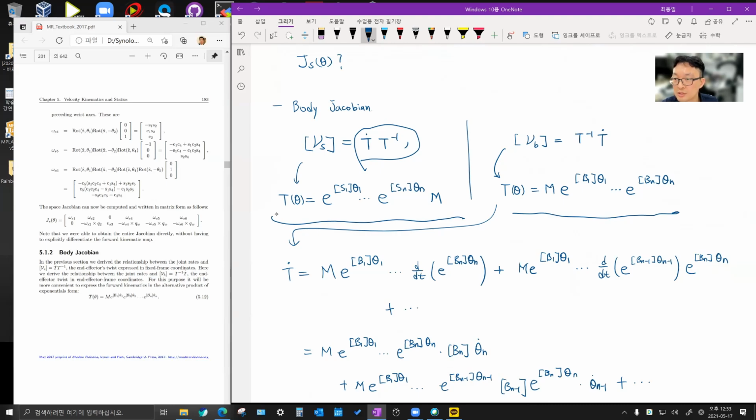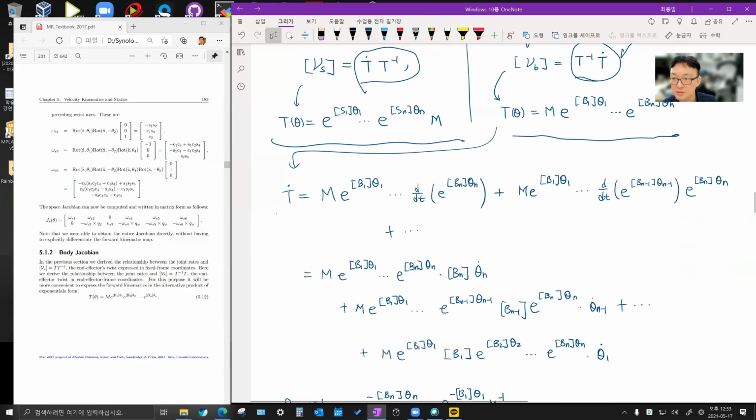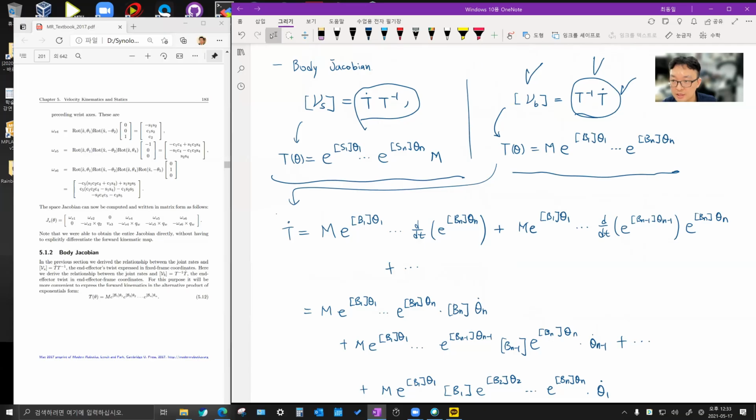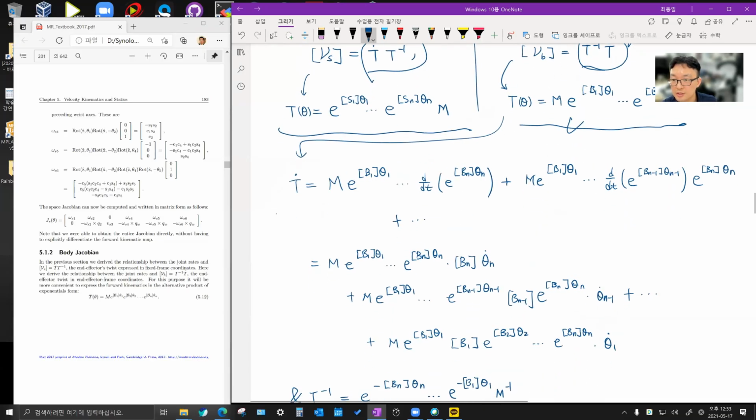In case of the body twist, it becomes T inverse T dot. So actually, you might know we have to find this kind of form. So let's take the time derivative of this body form POE.